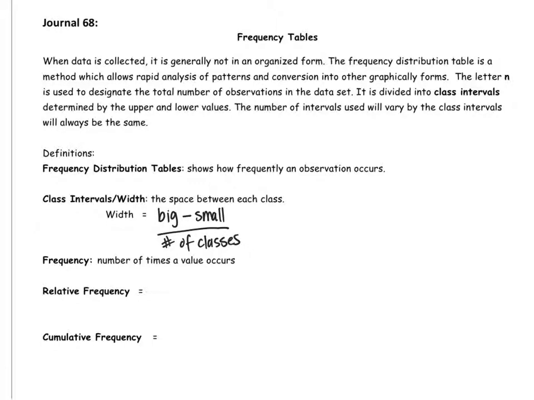And what the number of classes means is, how big do you want the size of your interval to be? So classes is like the size of, not the size, I take that back. It is the number of intervals you want.